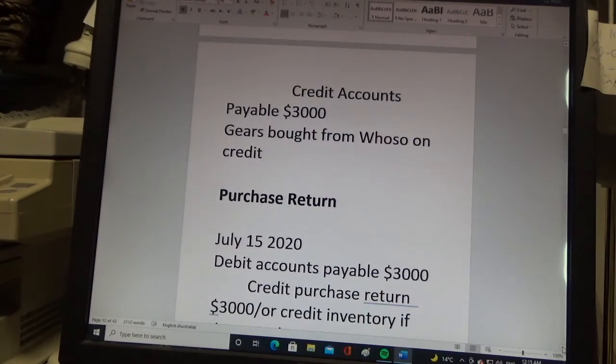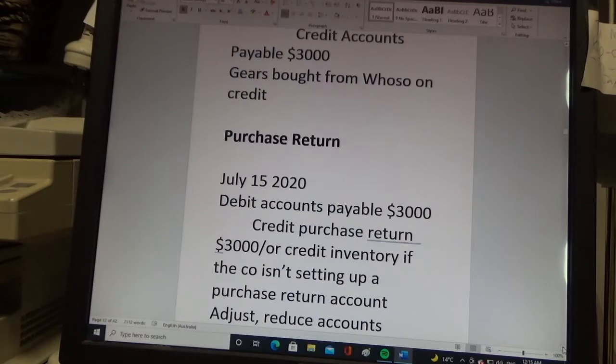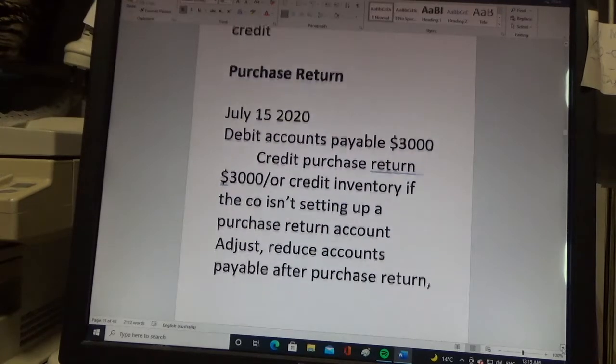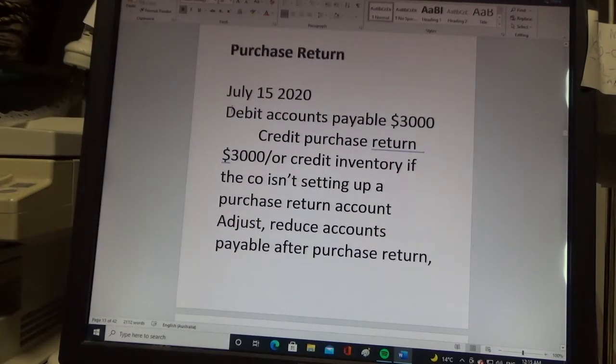spray paint. So what happens with a purchase return? Put the date in. You debit accounts payable. Accounts payable is usually a credit item, but if you reduce it, you debit it, okay? $3,000. And you credit purchase return, $3,000.